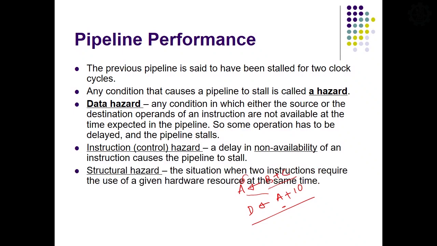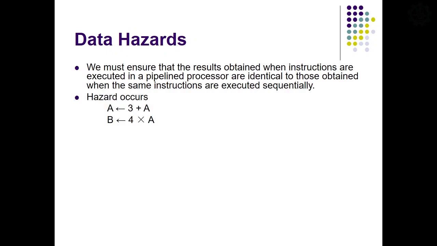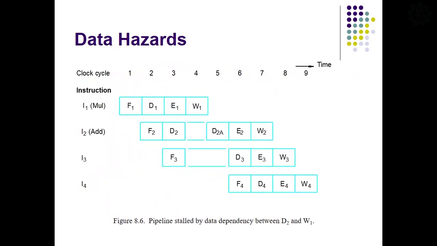Just to show one example of data hazard, I will stop at a point, then next day I will start the same thing, just to show what happens if there is a data hazard. That will be the end of today's class.